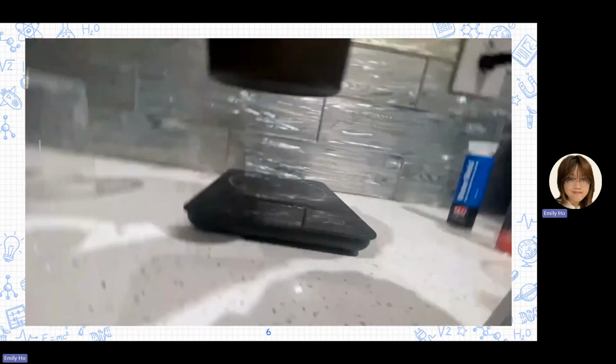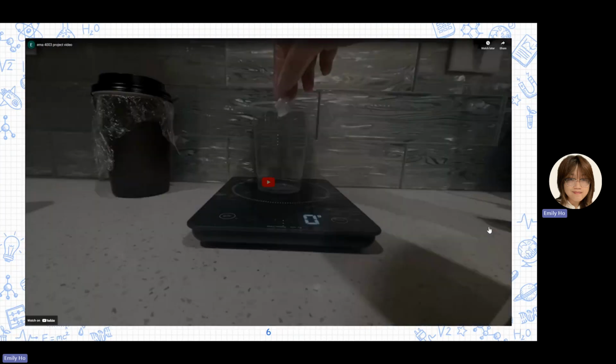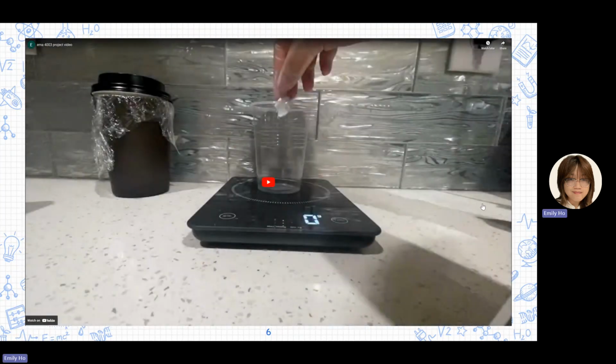After preparing materials, I thoroughly mixed it up and poured it into a lined cup. And I let it sit out for an hour so that it can harden and take after its mold.